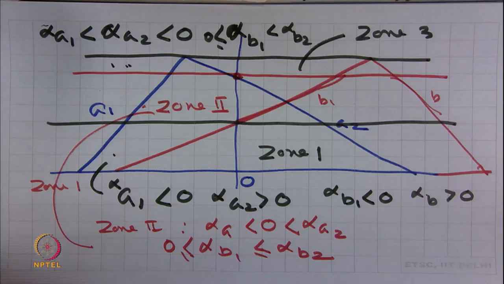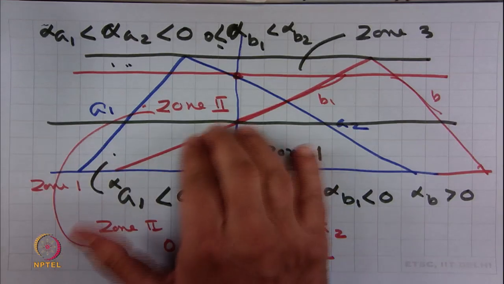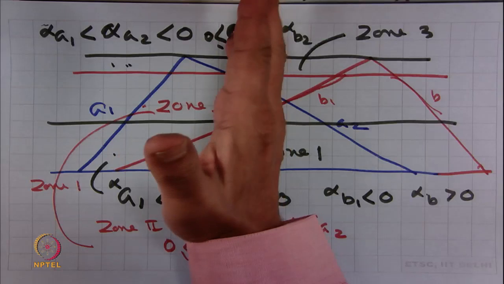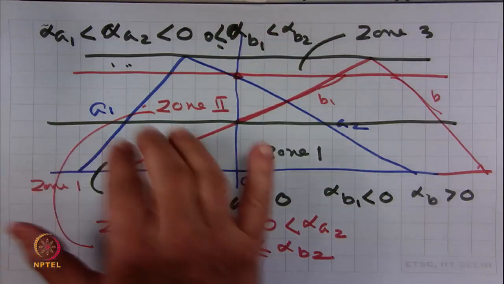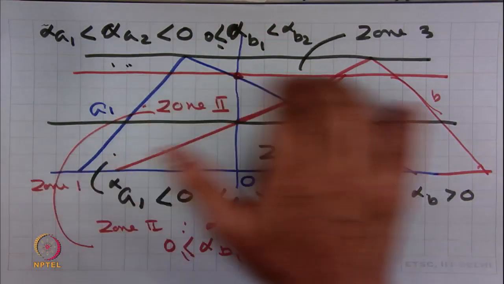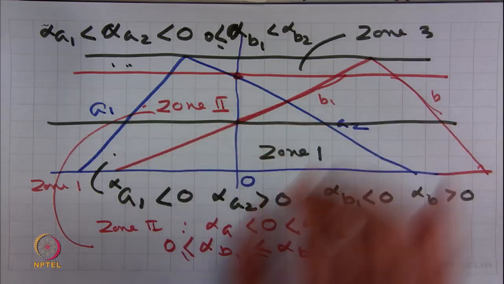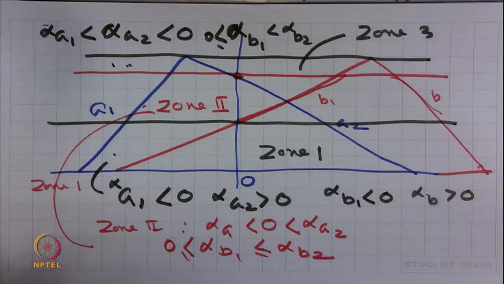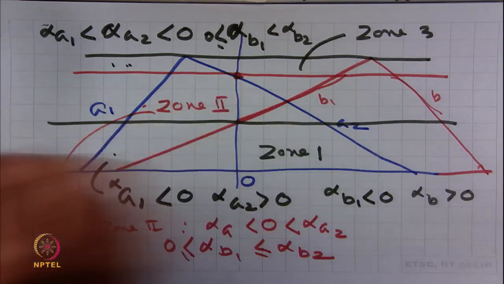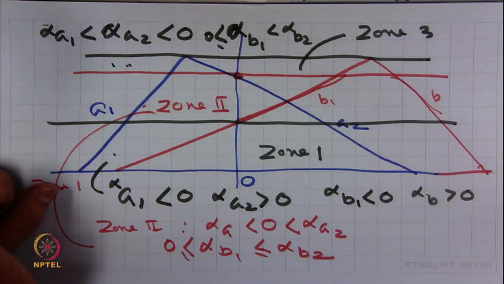So, like that, wherever the lines are crossing the y axis, we have to split it into different zones. With respect to each zone, we get the conditions, and the way we have solved earlier, we have to see if for this zone a solution exists or not.